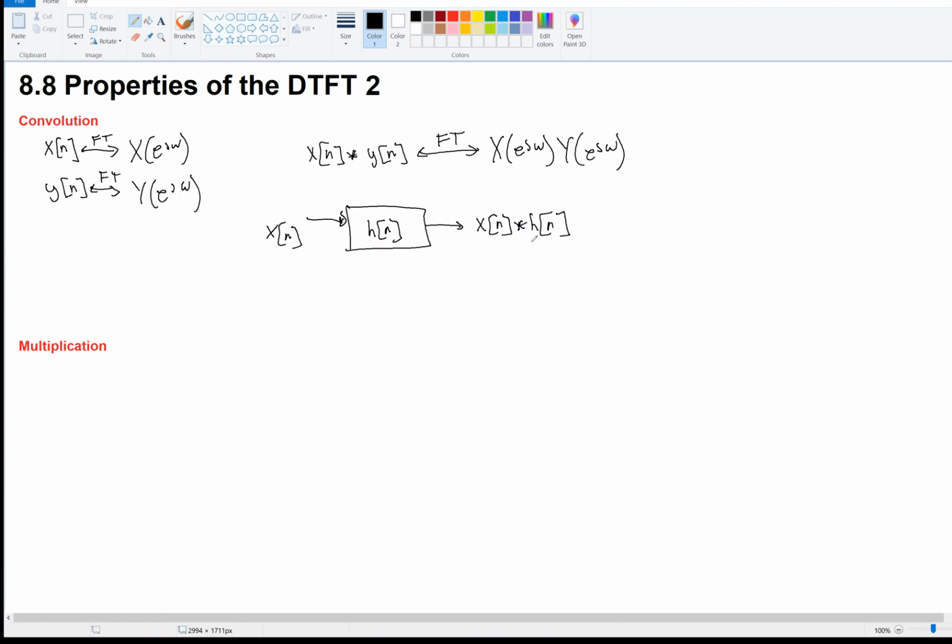So we know that in frequency, this would be X times capital H, which is the frequency response. So if the frequency response is 0 or close to 0 for some frequencies, then those frequencies get scaled by 0 or close to 0, and so they get filtered out of the system. So it's this convolution property that gives rise to the idea of filtering.